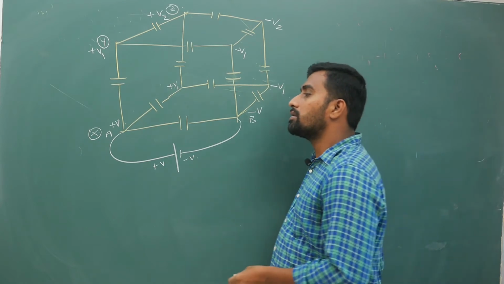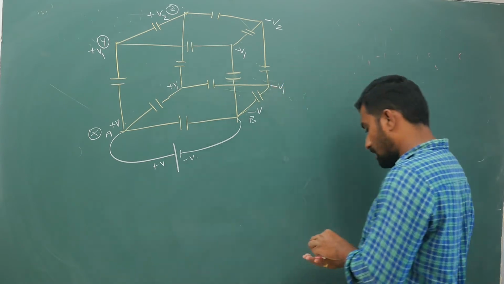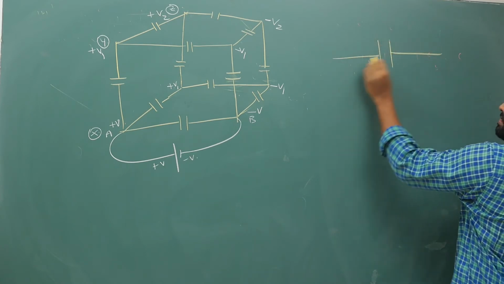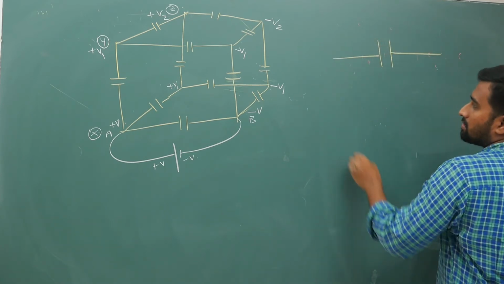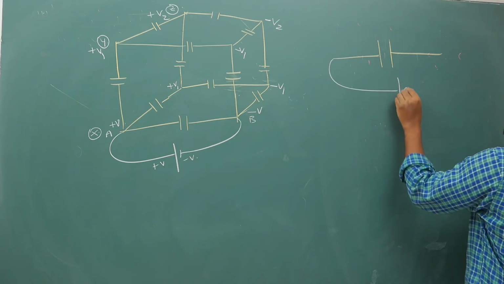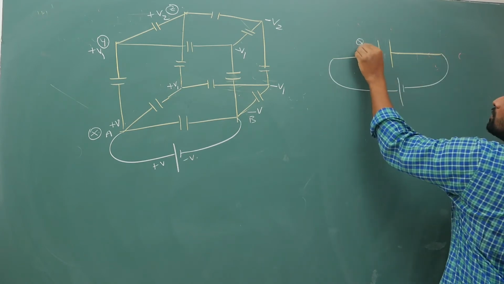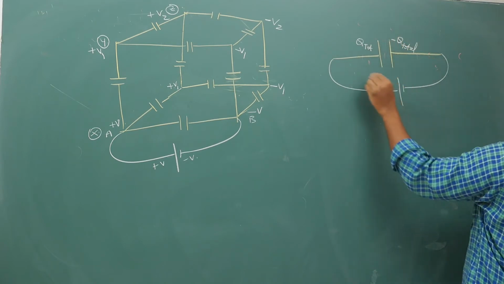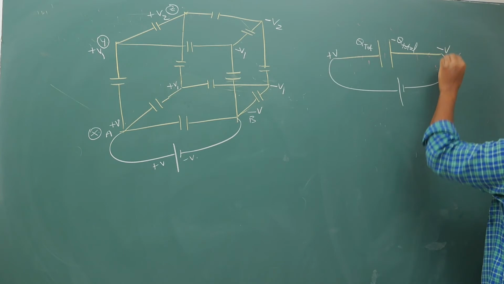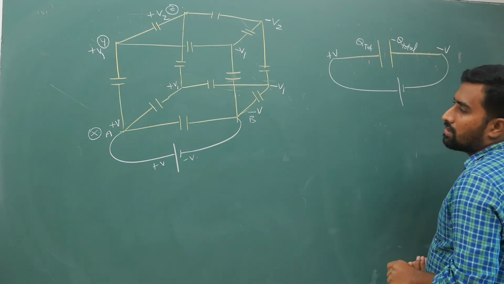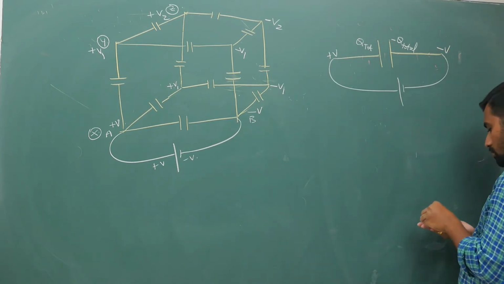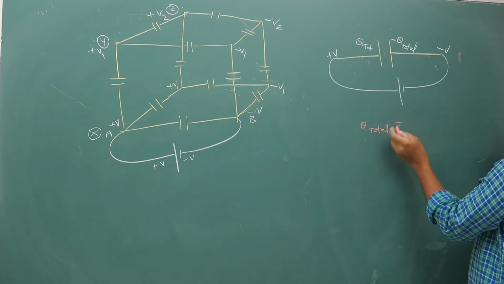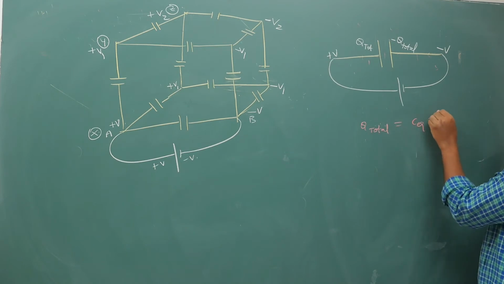Now if you take the total charge, your Q total is plus Q total, minus Q total, this becomes plus V, this is minus V. So now your Q total is C equivalent into 2V.